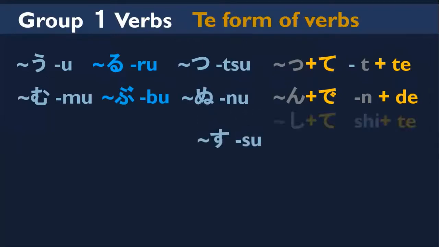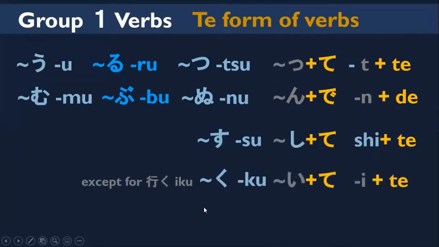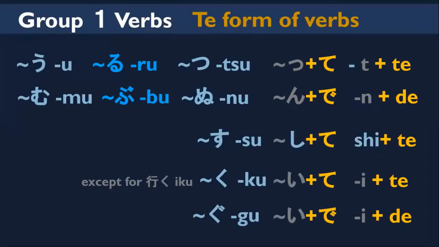Those that end with su, it will be shite. Except for iku, almost all the verbs that end with ku will be ite. And with gu, it will be ide.